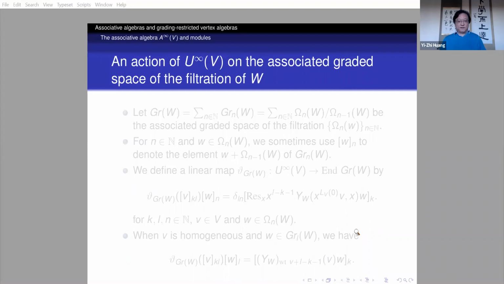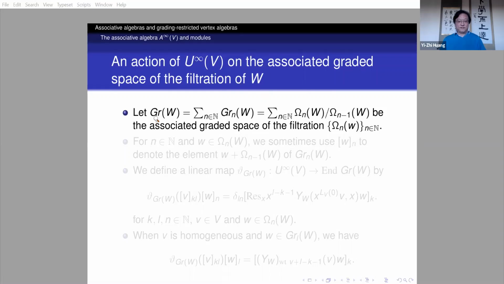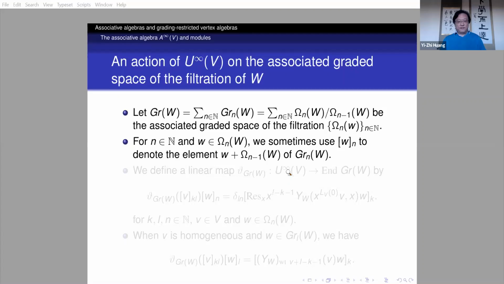So what we do is that we now want to define an action of the U infinity V on the so-called associated graded space of the filtration. This is the standard procedure. Given any increasing filtration, you can define the associated graded space.